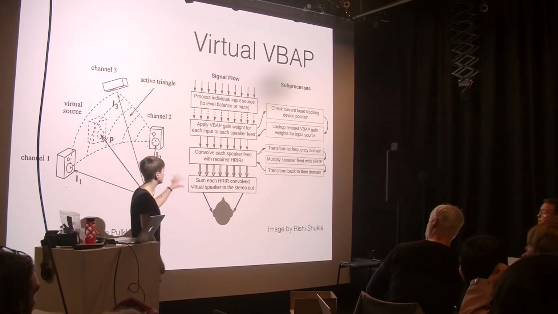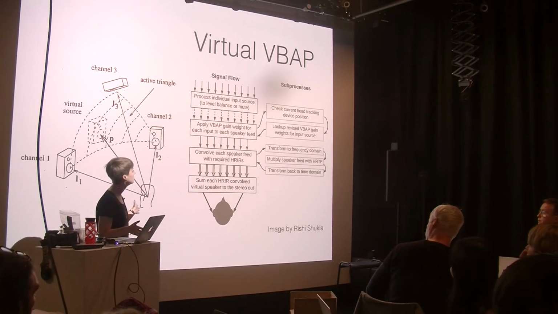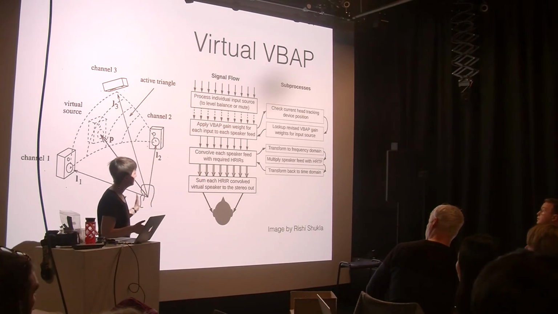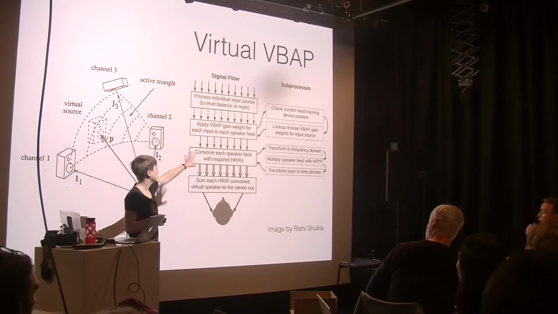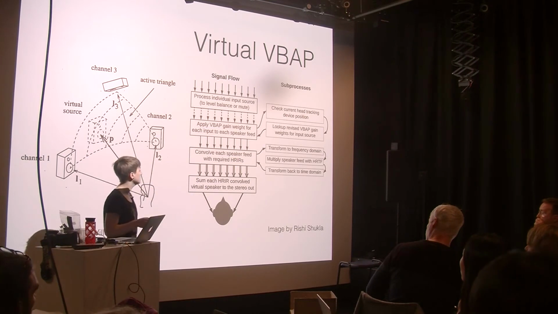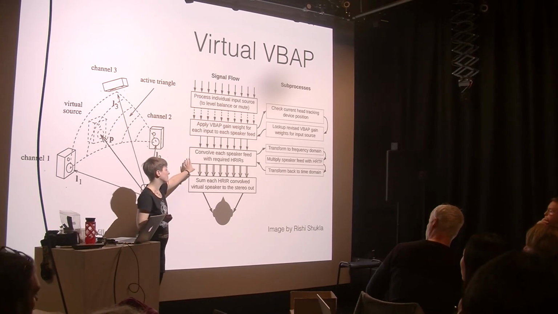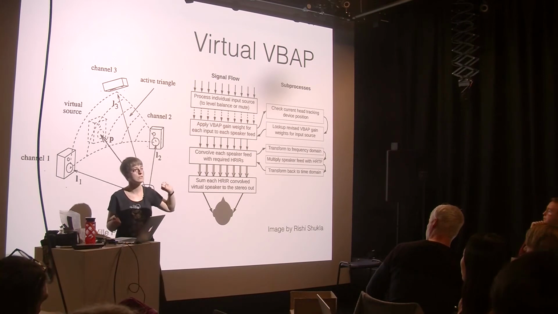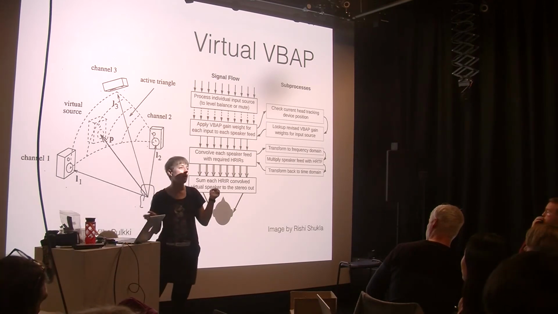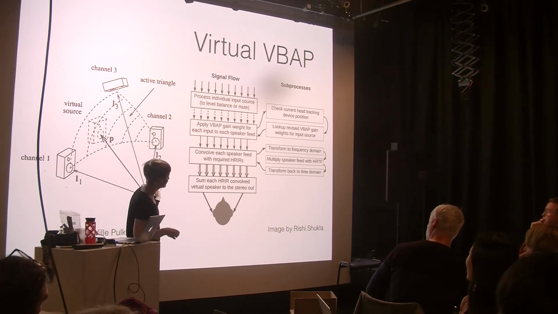So this is the general signal path. We're working with 8 loudspeakers. This is what we're going to listen to. The individual inputs get panned across our virtual VBAP array. Then each of the loudspeaker feeds is convolved with its HRTF or HRIR. HRTF is the head-related transfer function, and the HRIR is the head-related impulse response.